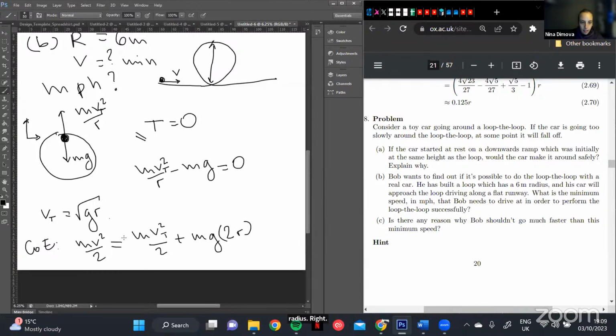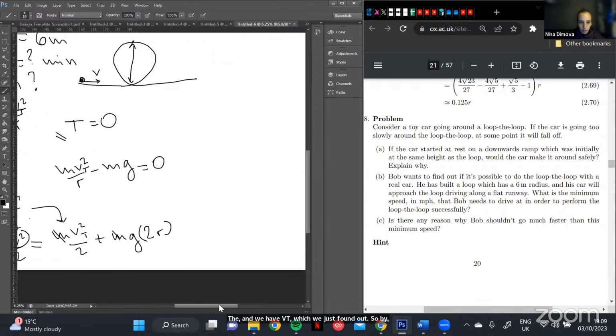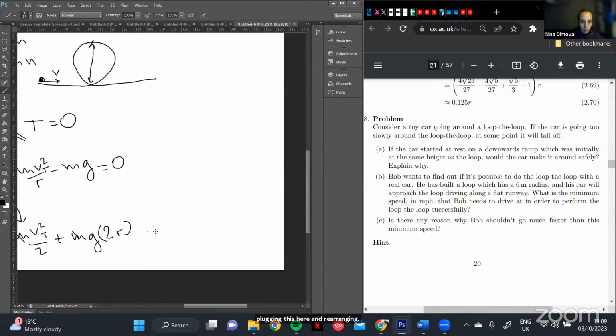Okay, and now you can see that we have the v we're looking for. We have some parameters which we know, the m, the g, and the r, and we have vt, which we just found out. So by plugging this here and rearranging, we get that v with which the car should start equals square root of 5gr.